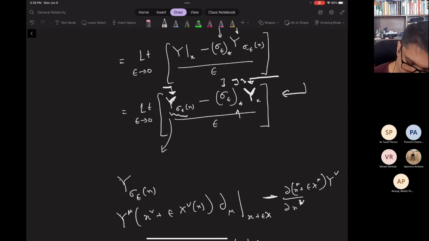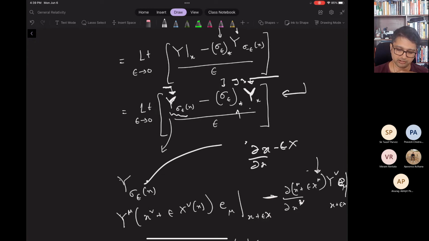So this would be the push forward of this. But now with basis vectors, let me write these basis vectors as e mu. Again, these basis vectors are the pushed forward basis vectors, so they're at x plus epsilon x. So this is how you'd get a minus sign for this term, because now I can differentiate. But there's no logic for just using something like this and sticking it in front of this. That works to order epsilon, but it's sort of accidental.